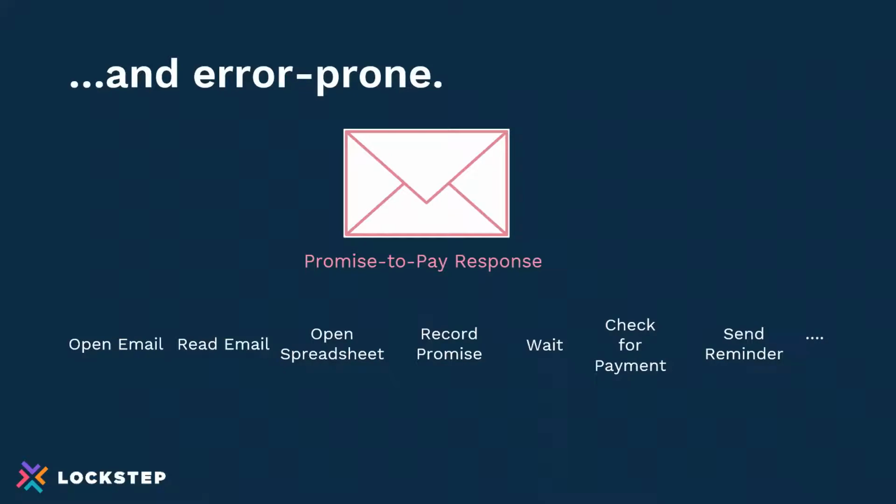The inbox is also error prone. Not only do inbound emails take time, but they're manual, and manual tasks are inherently error prone. In the case of processing a promise to pay email, the information can be transcribed into a spreadsheet where all of the tracking will be done on the different promises. But in that transcription, it's easy to make a mistake on the exact date, the balance, maybe the invoice number.